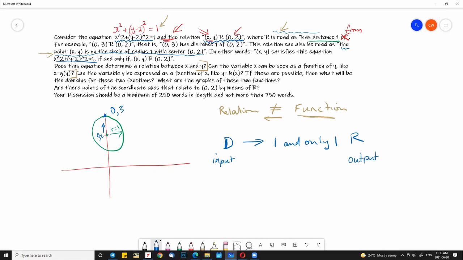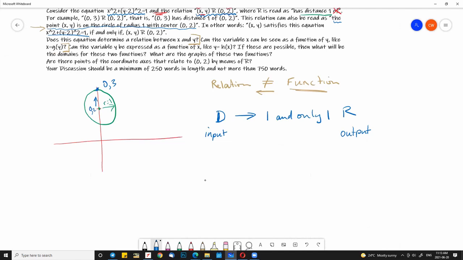And in the chapter, you're going to read about the vertical line test. If we have a function, let me draw a brand new function. The input will be the x values, and the output will be the y values.